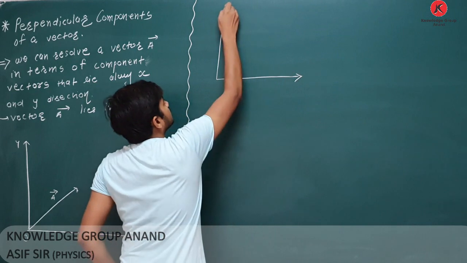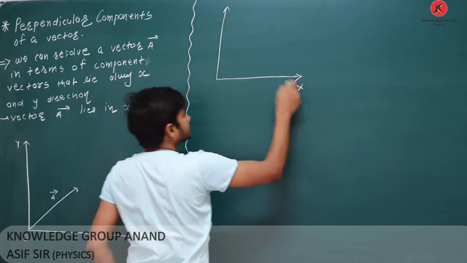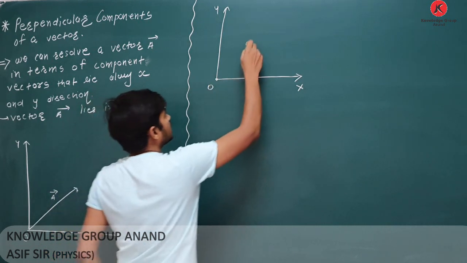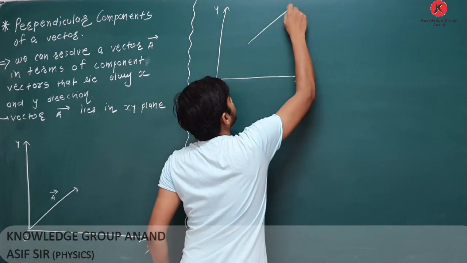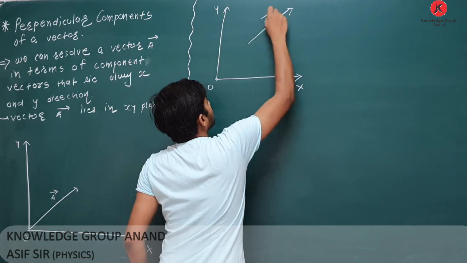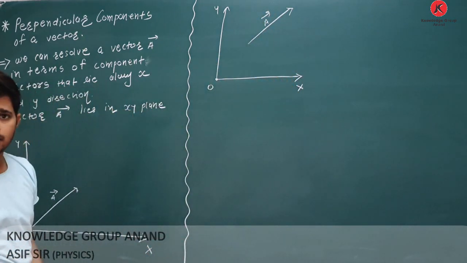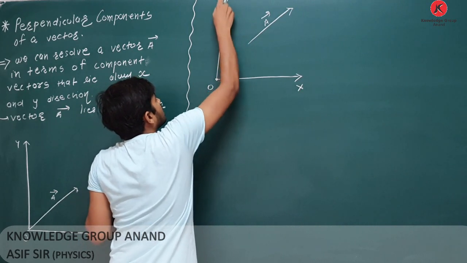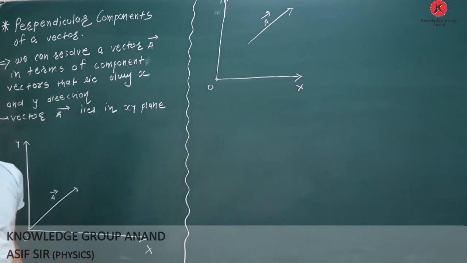Suppose it is x-axis, it is y-axis, here it is origin, and I have one vector A like this. Clear about this?